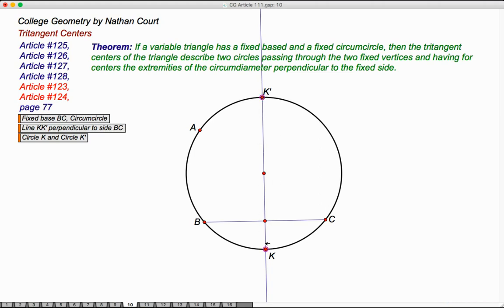And I know that these two are the centers of the circle. So all I need to do is to construct a circle with center K and radius BK or KC. And another one with center K prime and radius BK prime or CK prime.